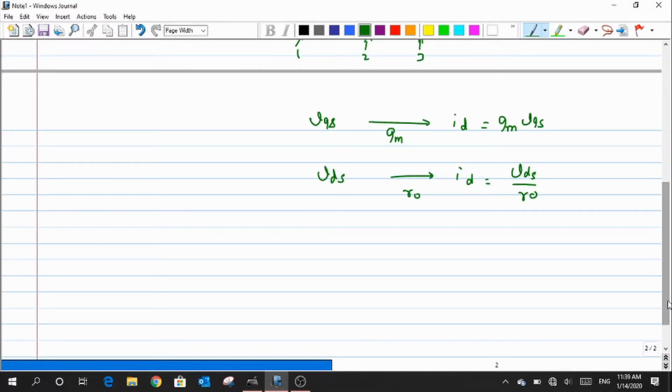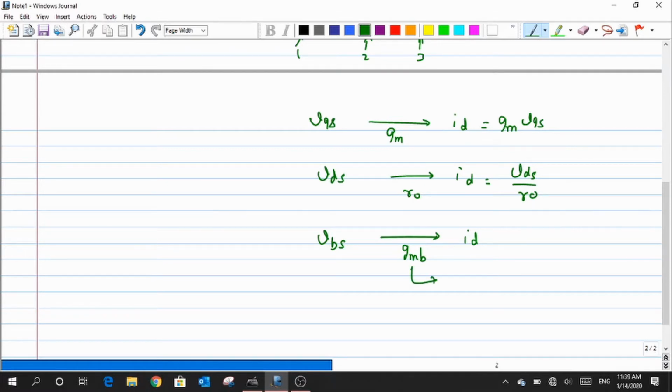So today we are going to find one more relation with respect to the ID. What happens when I have a variation across the body and the source? How is that going to get related to this ID? This impact could be modeled, or the relation could be defined, by something known as gmb.